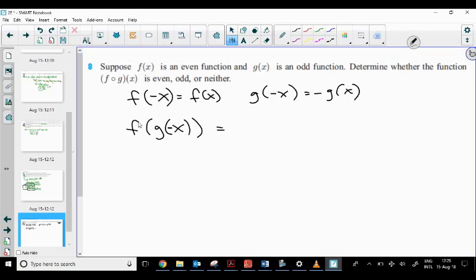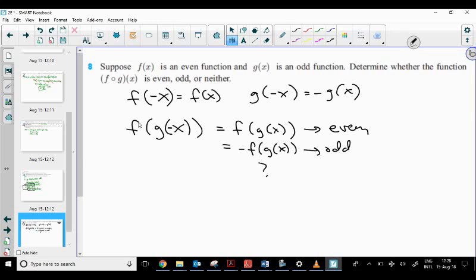If this ends up being f of g of x, then I know that I was dealing with an even composite. If it ends up being negative f of g of x, then I'll know it was odd. And if it's something else entirely, I don't know, we'll see what that might look like. Maybe then it'll be neither.